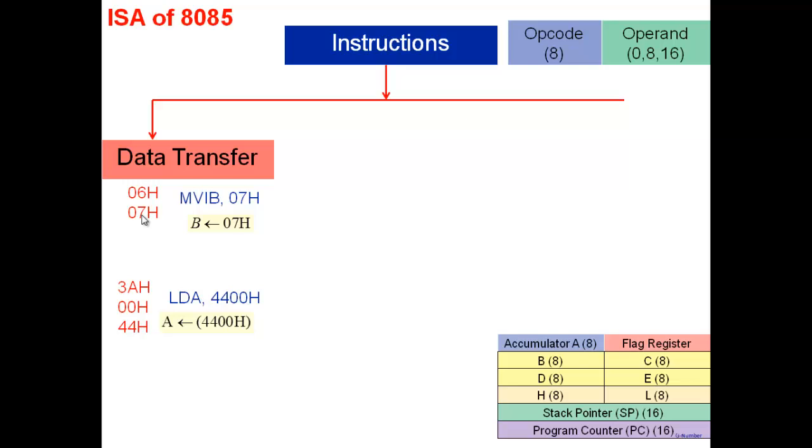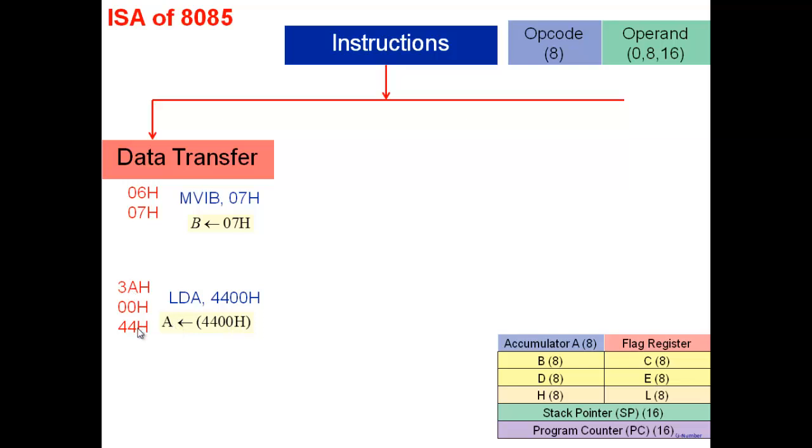In the earlier case, the data was given in the instruction itself, while in this case, the data is located at some memory location 4400. And whatever data is located in that memory location, that's why the brackets, has to be transferred to A.